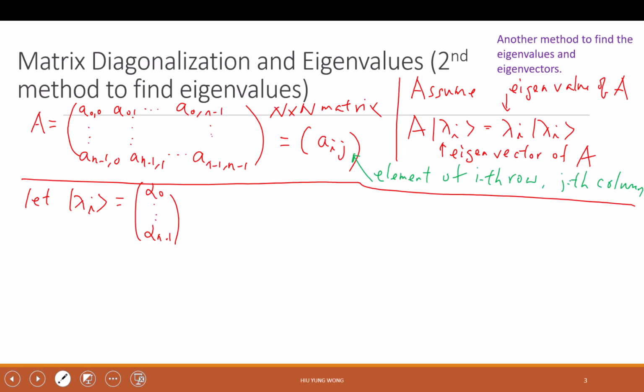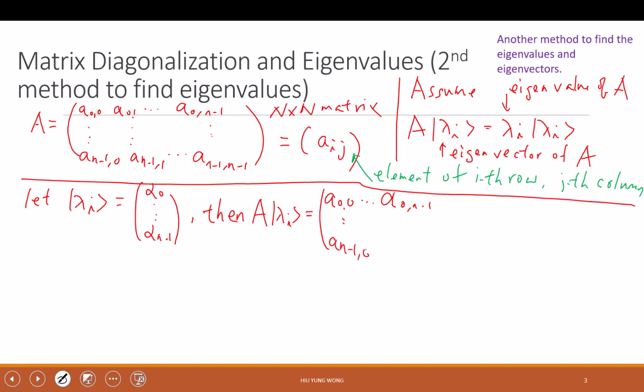Then what does it mean if this is the case? Then I try to apply A to it. A|λi> equals A00 all the way to A0,n minus 1, right? I try to only write the corner numbers.